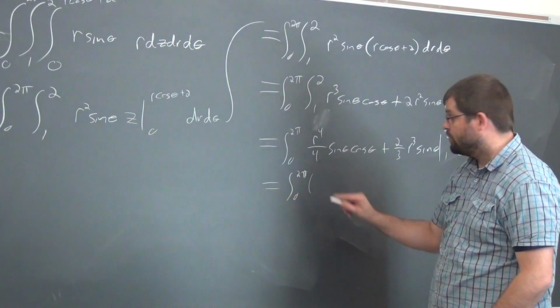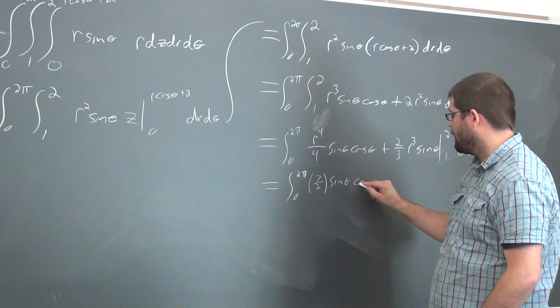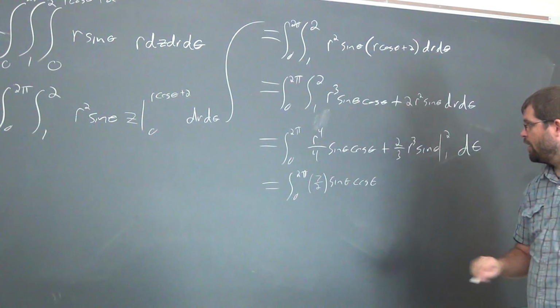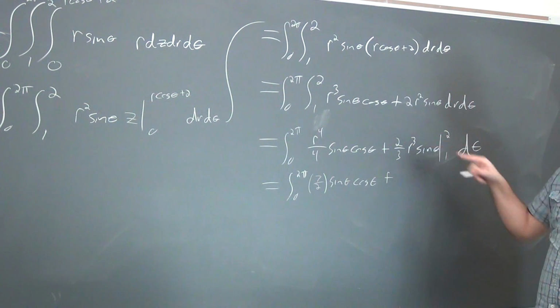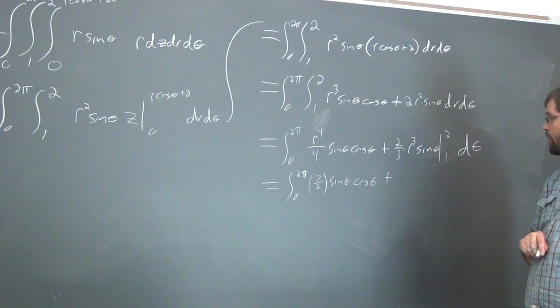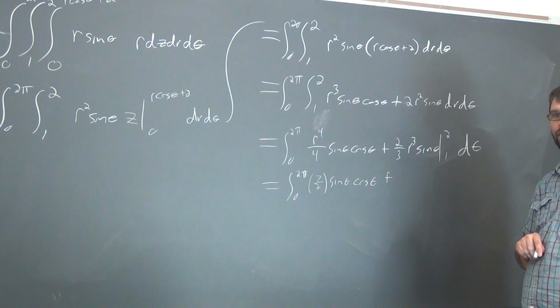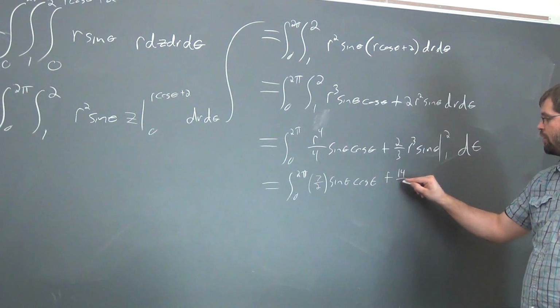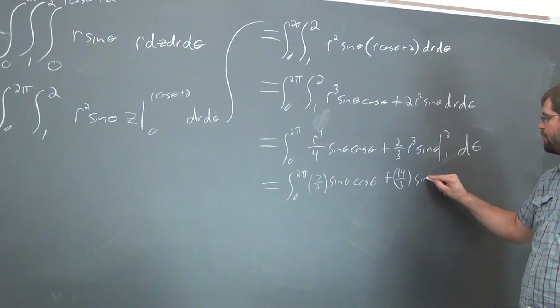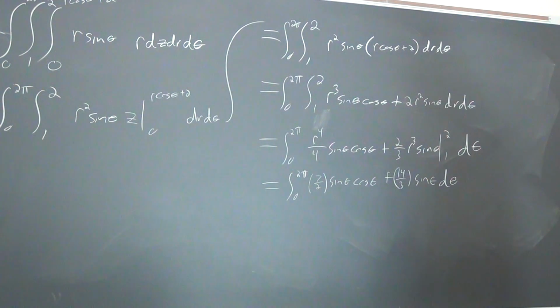So what's that, 7 halves? 7 halves sine of theta cosine of theta, plus you plug in the 2 here and you get 16 thirds minus 2/3. Is that okay? So you're going to end up with 14/3 here. Okay.